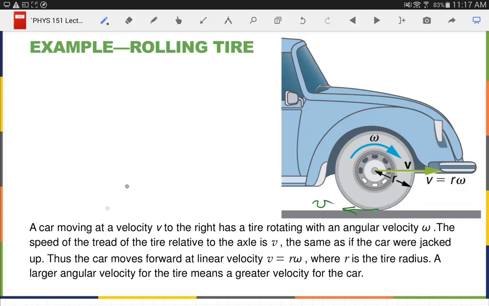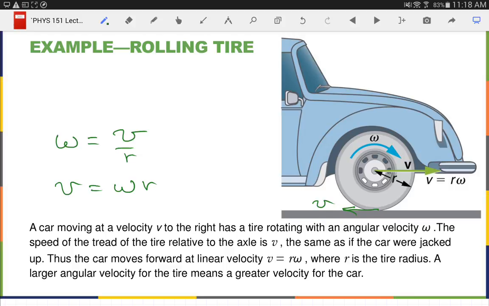Well, we just learned our relationship that was omega is equal to v over r, or v is equal to omega r. So if I know the angular velocity, omega, for that tire's rotation, then I can calculate v, the speed at which the ground is moving with respect to the center of the tire.